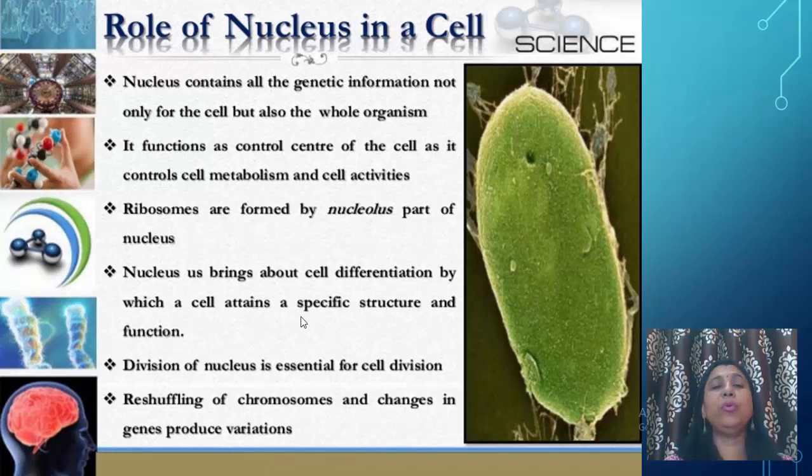Ribosomes are formed by the nucleolus part of the nucleus and these ribosomes are further responsible for protein synthesis. Nucleus brings about cell differentiation by which a cell attains a specific structure and function. Division of nucleus is essential for cell division, and reshuffling of chromosomes and changes in genes produce variations.